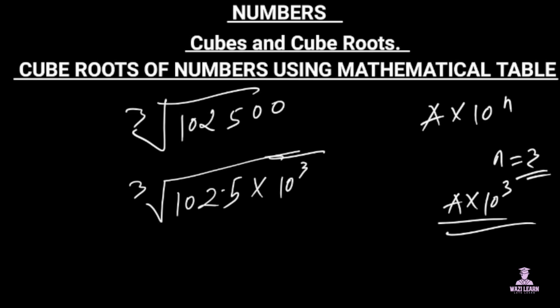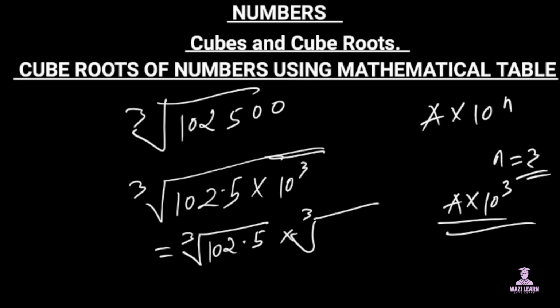So you find the cube root of all of this. This is the same as saying find the cube root of 102.5 times the cube root of 10 raised to power 3. So you see here, the cube root will cancel with the cube, so you remain with times 10.